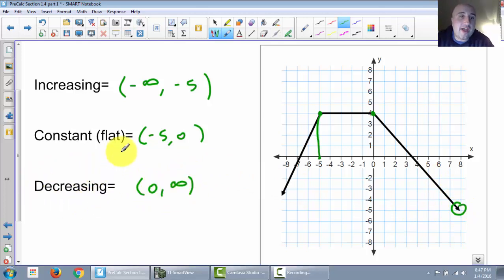Not all graphs have increasing, constant, and decreasing. It may just have one or the other, or it could be all three like this one. From negative infinity to negative 5, it's increasing. Negative 5 to 0, it is constant or flat, and then from 0 to positive infinity, it is decreasing.